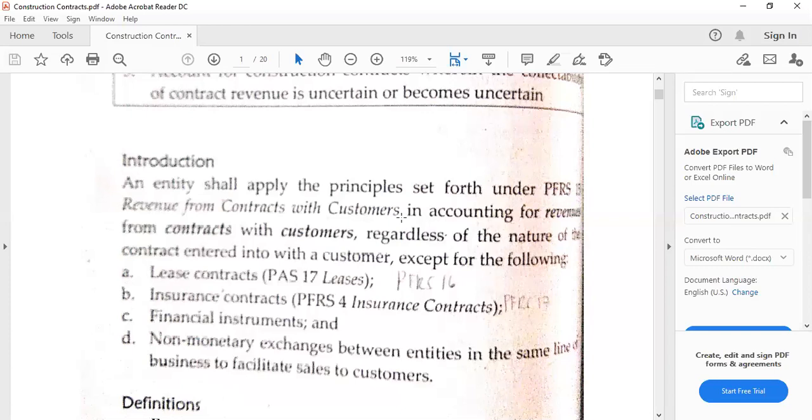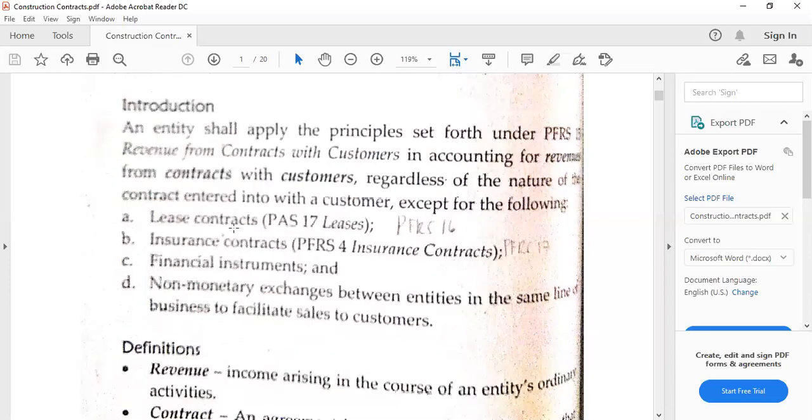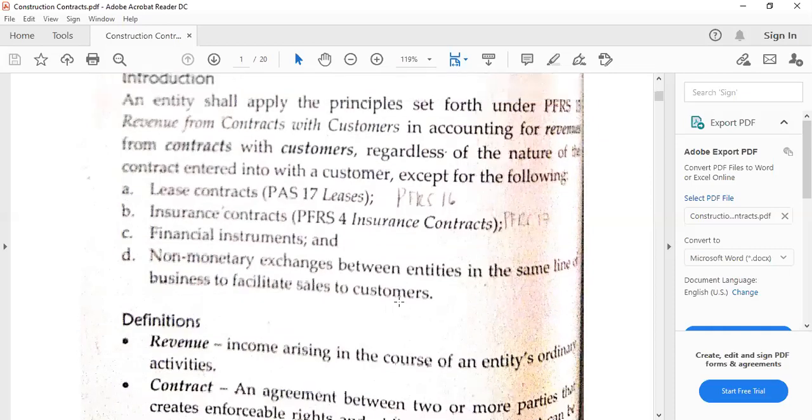Any contract that involves revenue will, of course, be governed by PFRS 15, with exception of certain contracts like leases, in which we will follow PAS 17, insurance contracts, PFRS 4, financial instruments, and other items like non-monetary exchanges between entities. So in this case, for exchange transactions, this is not a sale transaction. That's why they are exempted. They are beyond the scope of IFRS 15.